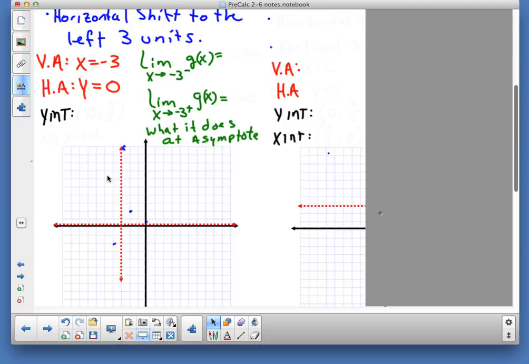Find your y-intercept, then go ahead and graph your function. And after you're comfortable graphing that, look at the next one and think about what we got to do.